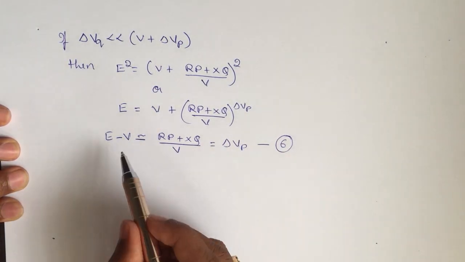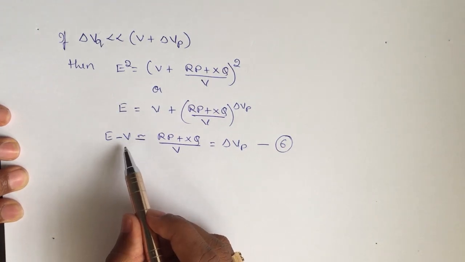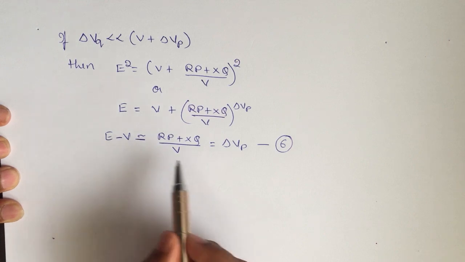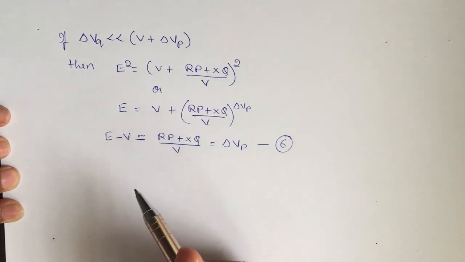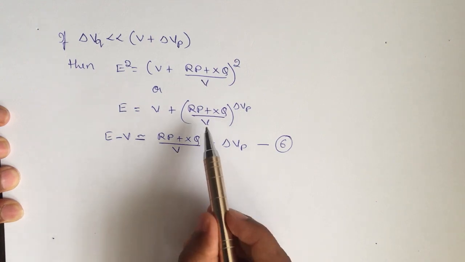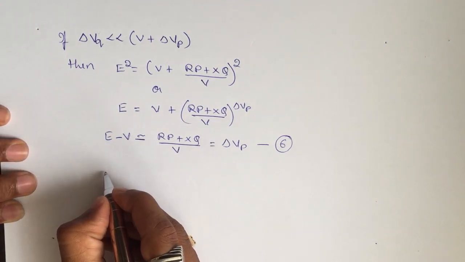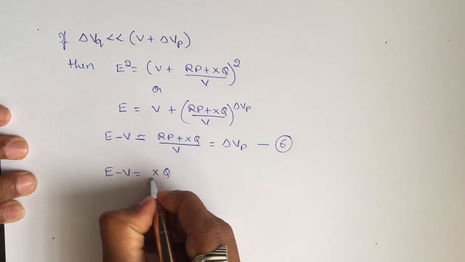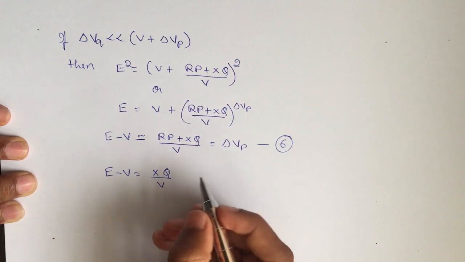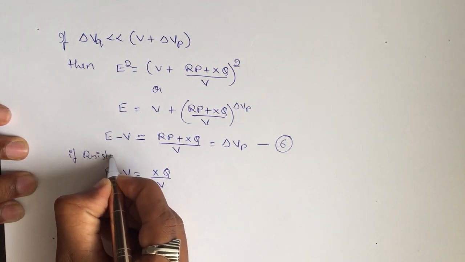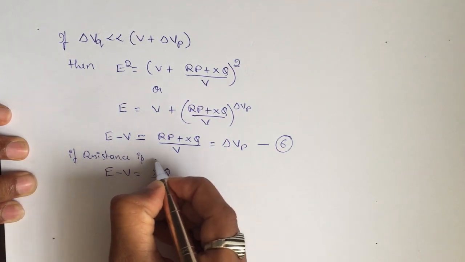Therefore, the arithmetic difference between the voltage E and V will be equal to RP plus XQ divided by V. If we neglect the resistance, the result will be E minus V equal to X into Q divided by V, only if resistance is neglected.